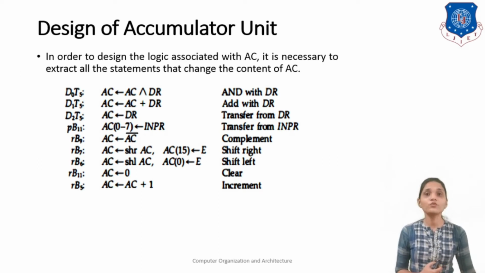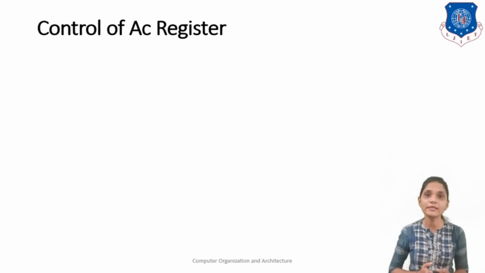Okay. So for all of these 9 instructions, the content of the accumulator is going to be changed. We have to combine all of these tasks into one logic. So for all of these instructions, we have to change the content of the accumulator, and we have to provide the control for this accumulator register.